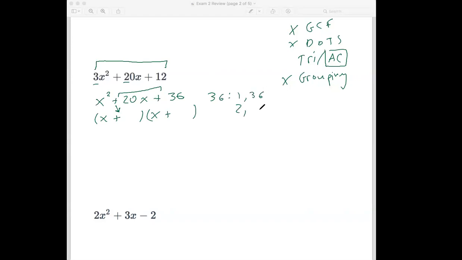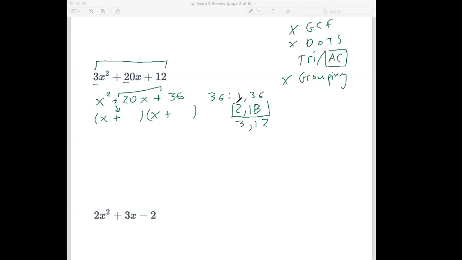Let's see, 2 and 18, sorry, 2 and 18. 3 and, let's see, 36 divided by 3, 3 and 12.